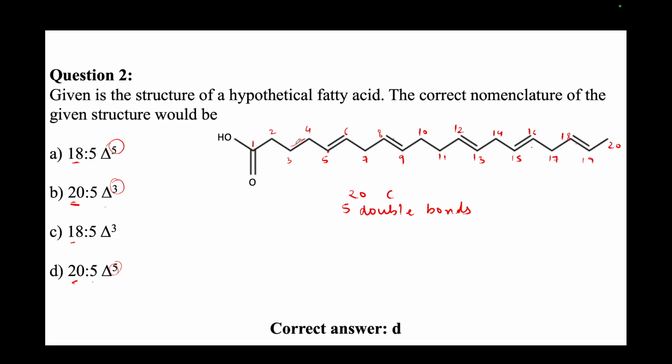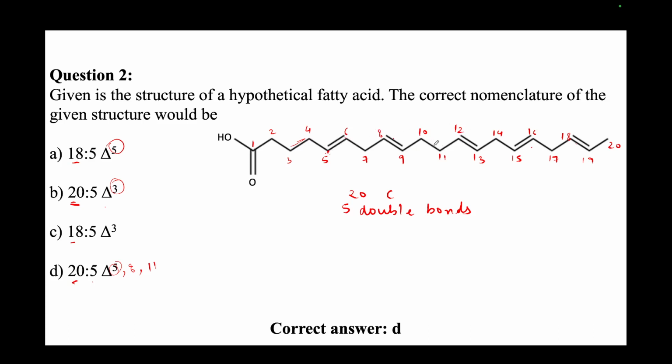So 1, 2, 3, 4, 5. After fifth carbon we have the double bond between 5 and 6. Then it will go after 3 carbons. Okay, so after fifth it will be always 5 plus 3, 8, then 11 and so on. So 5 and 6, then 8 and 9, then 11.